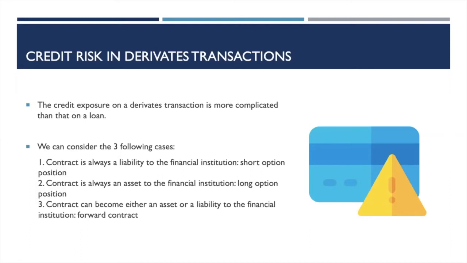If the counterparty defaults when the value of the derivative is positive to the financial institution, a claim will be made against the assets of the counterparty and a loss is likely to be experienced. If the counterparty defaults when the value is negative to the financial institution, no loss is made because the derivative is retained, closed out, or sold to a third party.